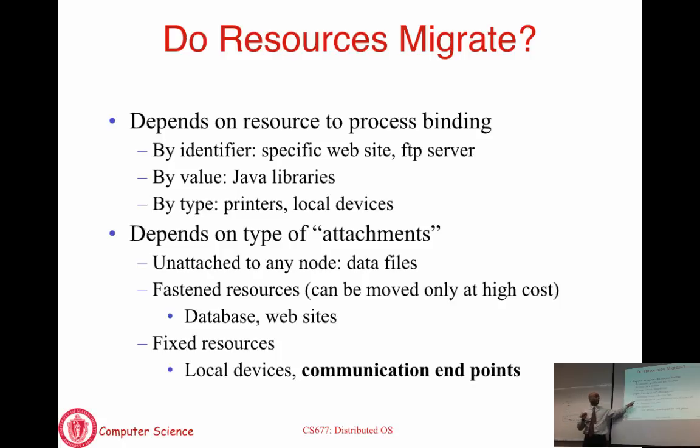So those are called fastened resources. Unattached resources can be moved freely and cheaply, so there's no problem. You can move the resource with the process. Fastened means you can move it, but the cost is high. The last one is fixed resources, which cannot be moved. Hardware resources, for example. If the printer is connected to this machine, you can't move the printer.